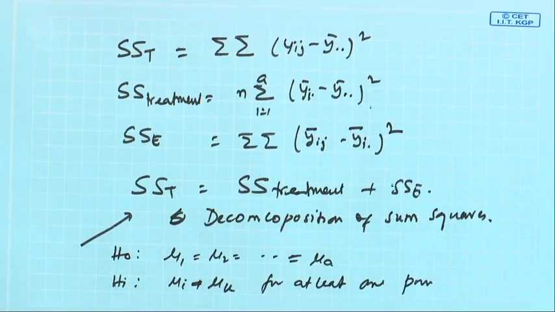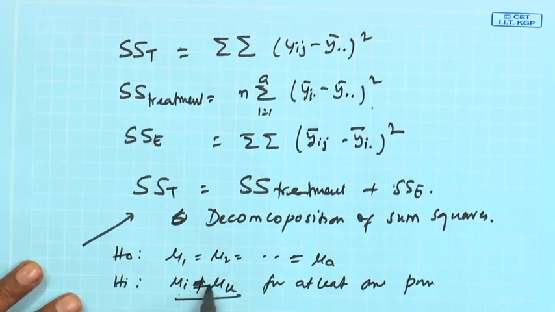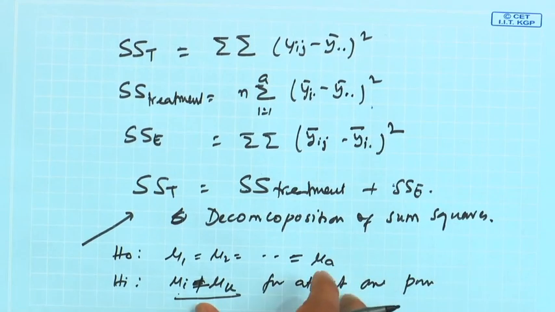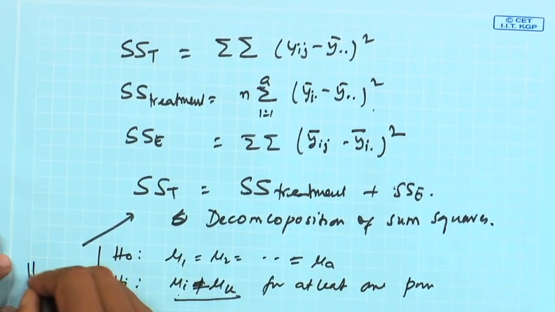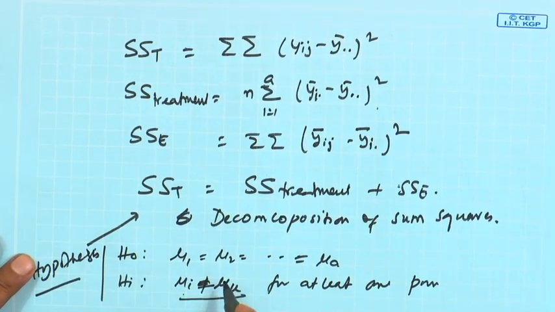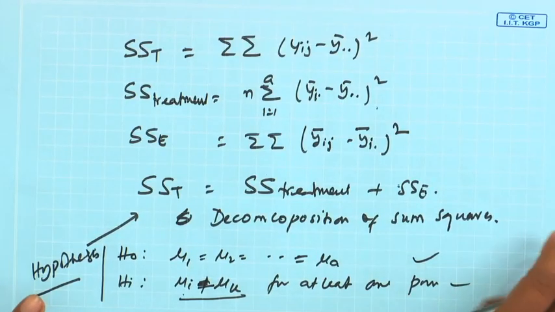For at least one pair, there is a difference. What hypotheses do we test? The null hypothesis is that all means are equal, and the alternate hypothesis is that at least one pair is not equal. That is H0 and H1 here.